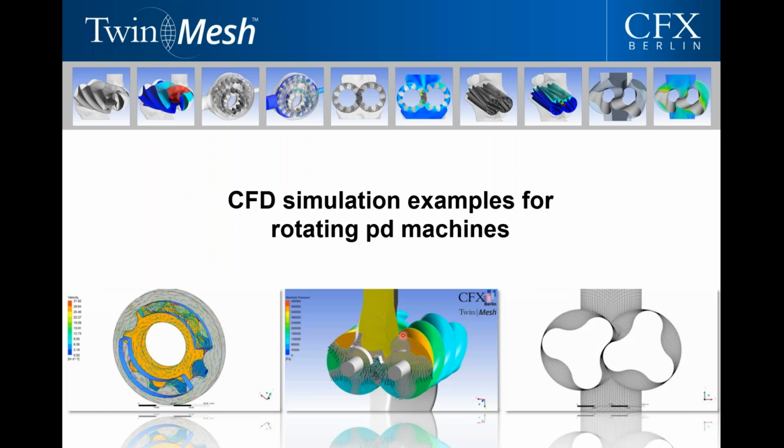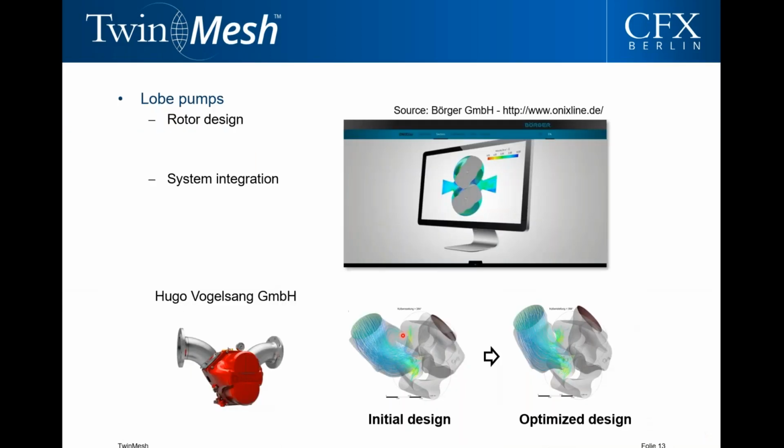Then we have a look at some simulation examples of rotating PD machines. First of all, some examples from the industry. Those are reference customers where I am able to share the information with you.